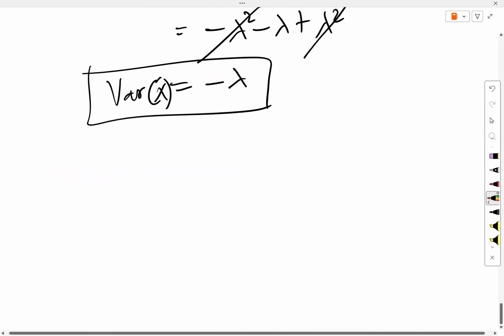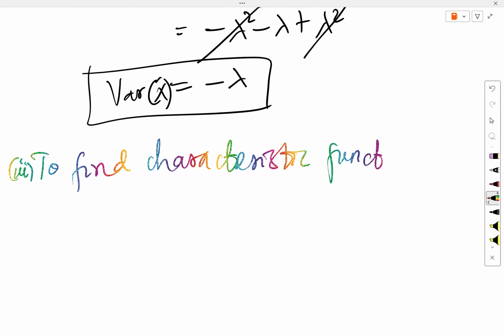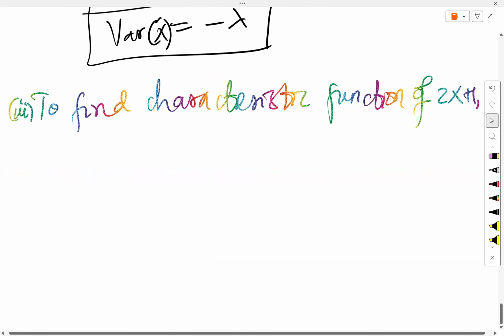So to find, that's item 3, right? To find the characteristic function of 2x plus 1. That's what we have next.